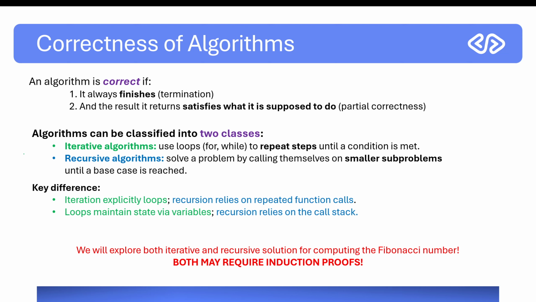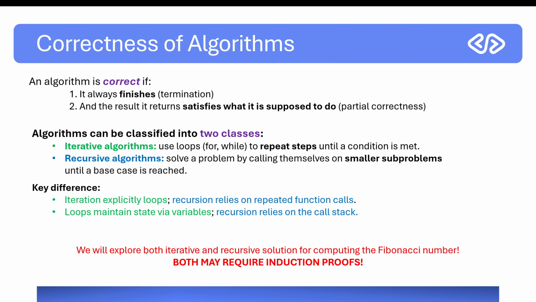We can do things iteratively, using loops and repetitive steps until you meet a condition. Or you can do something recursively, breaking things into smaller subproblems until you terminate through the base case. With iterative algorithms, you're using variables for state, and recursions can use the call stack.